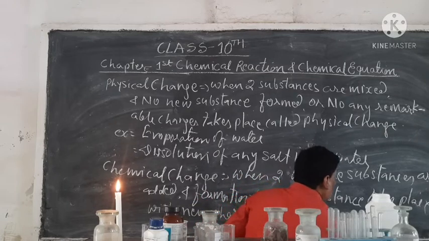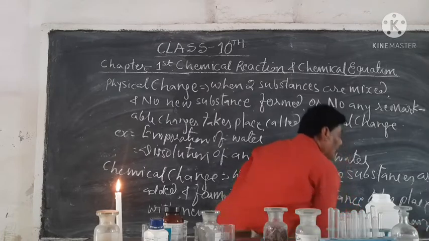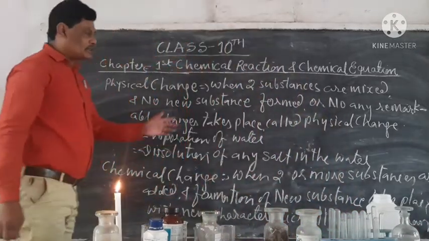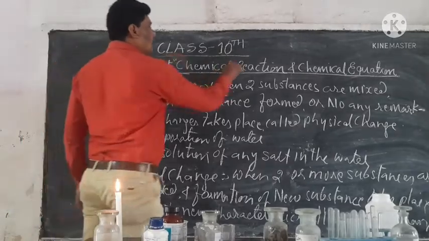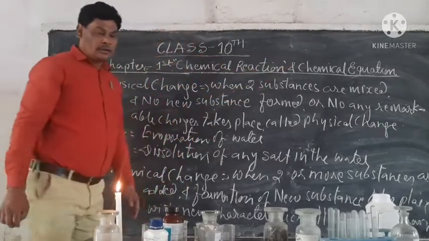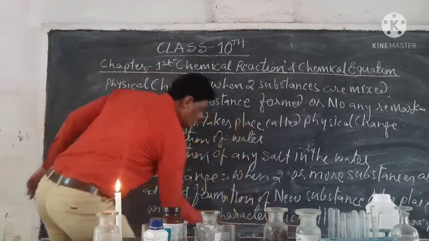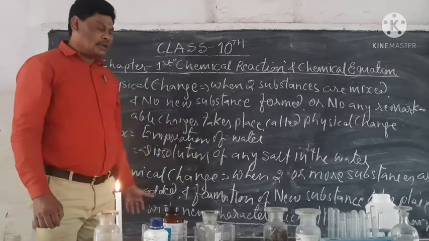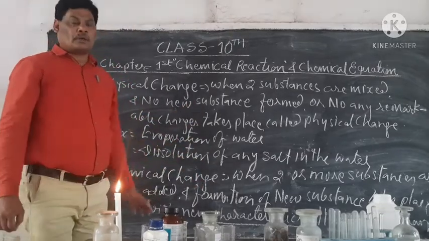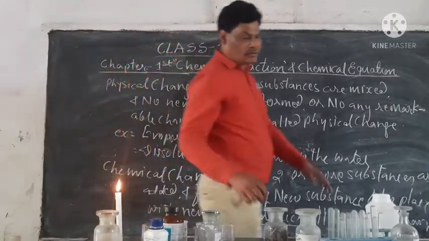This is known as what? Chemical change. And the process in which the chemical change takes place is known as chemical reaction. So what should be the characteristics of chemical change? To observe it, again I am going to perform some activities, which you will see in the next video.